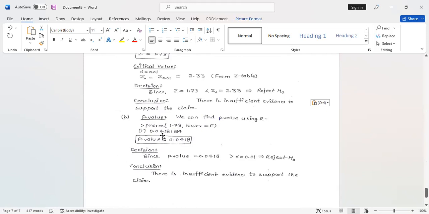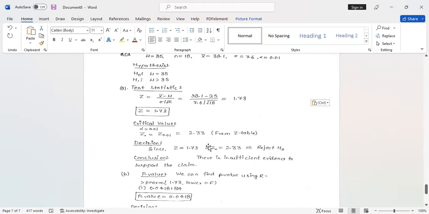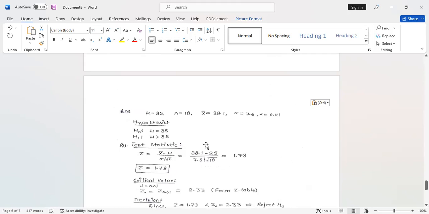So when we get this one, we read it and subtract from 1, we get 0.0418. Then we're going to compare the 4.18% against 1%. So since it's greater, there is insufficient evidence to support the claim. By accepting, it means we don't have sufficient evidence.